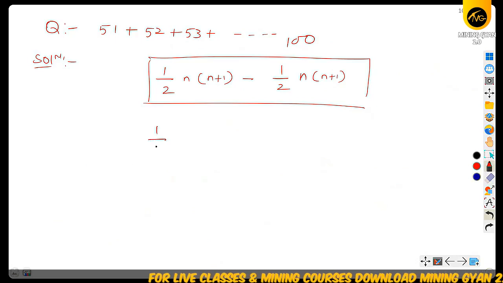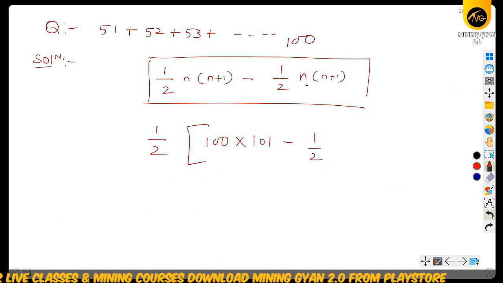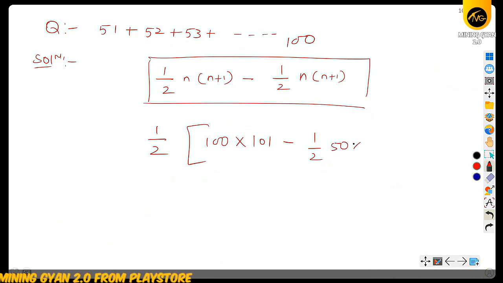Now in this case we have to put down the numbers. In the first case n is 100, n multiplied by n plus 1, that is 101. Now 1 divided by 2, and in the second case n is 50, and 50 plus 1 is 51. Now just solve the equation and you get the answer.